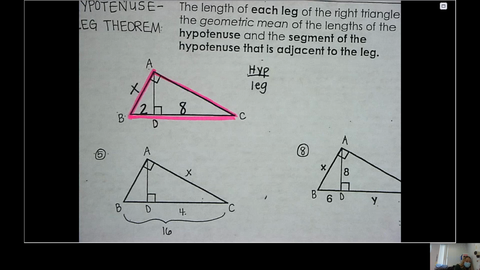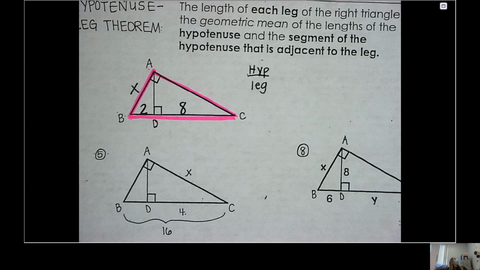And what's the other piece of this blue triangle that you know? BD. Now notice something: your hypotenuses, do you see how they're diagonal from each other? They should always match. Notice that those two match up. The other two don't. So when you're writing your equations, they have to match up. That's what geometric mean means.